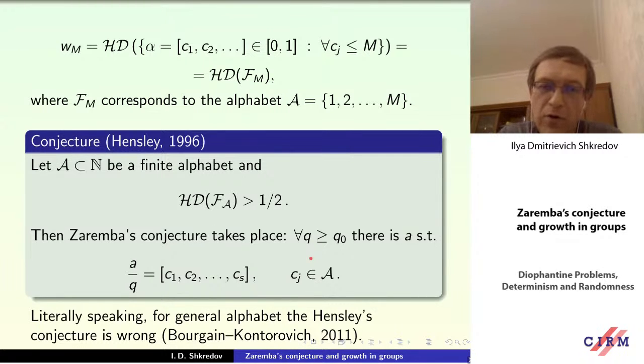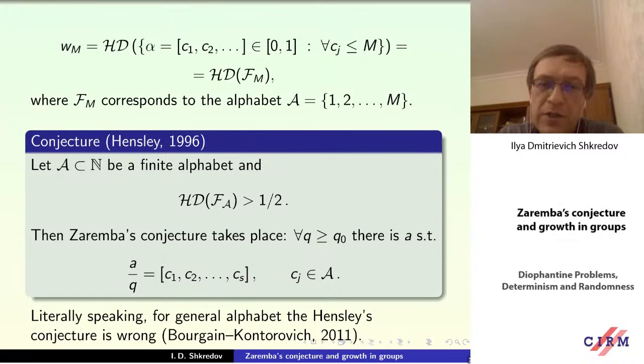So for all sufficiently large q, there is a such that all partial quotients of this ratio belong to my alphabet A. So it's a more general conjecture, but nevertheless there is an interesting restriction: the Hausdorff dimension is greater than 1/2.